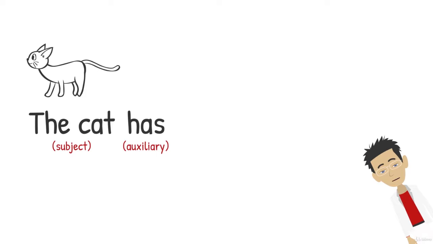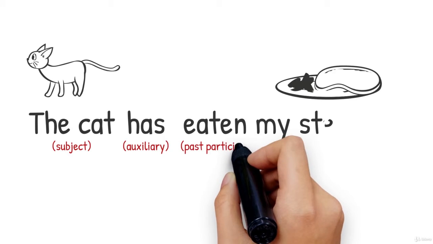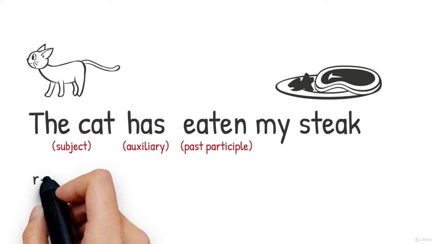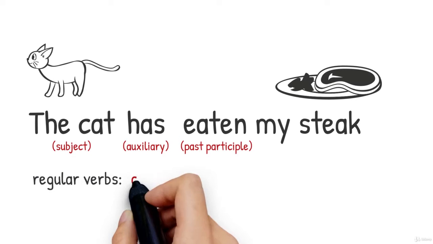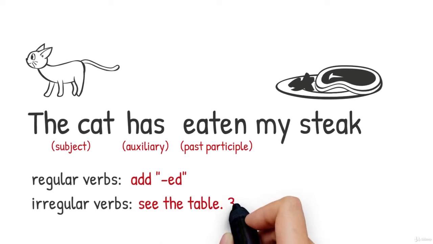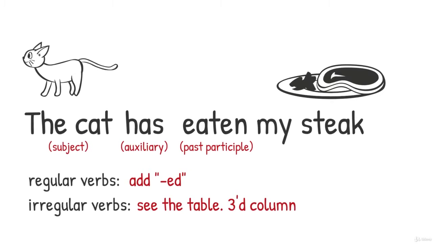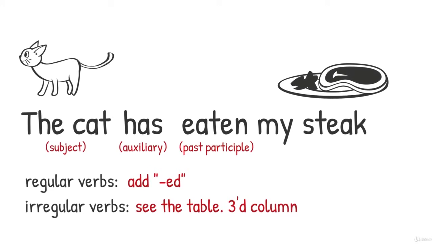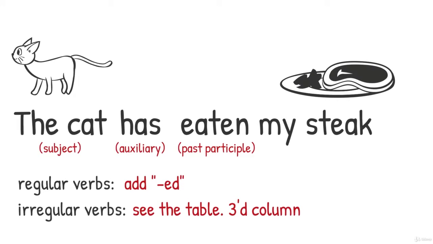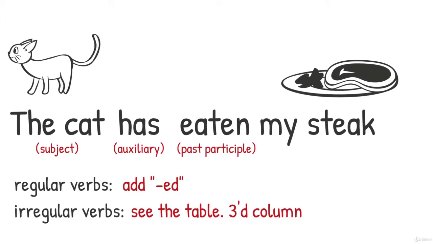Have is auxiliary verb in present perfect tense, and it's followed by the past participle form of the verb. If it's a regular verb, simply add ed to it. If it's an irregular verb, look into the table of irregular verbs I provided you a while ago. The past participle form of the verb is in the third column.